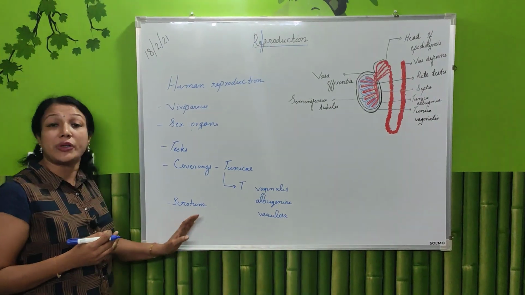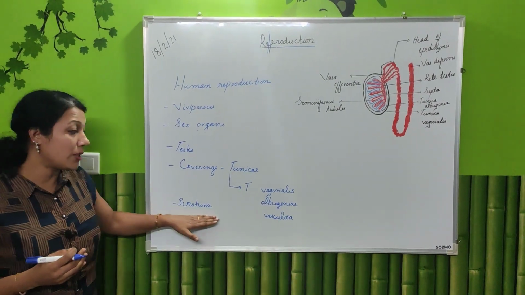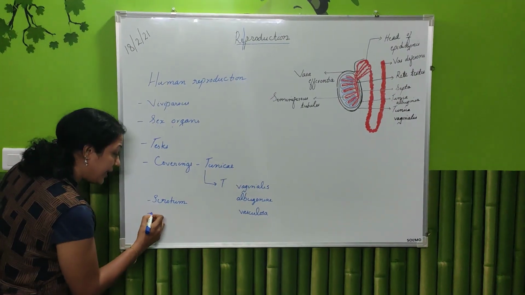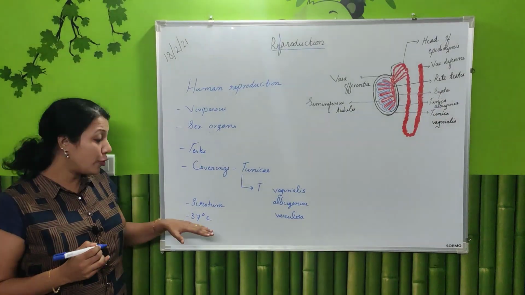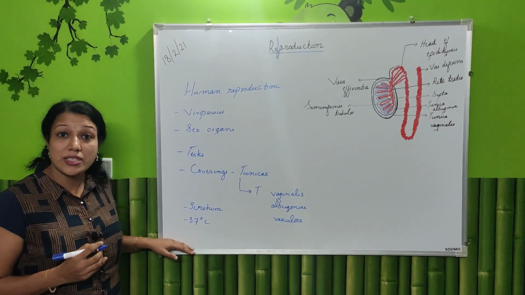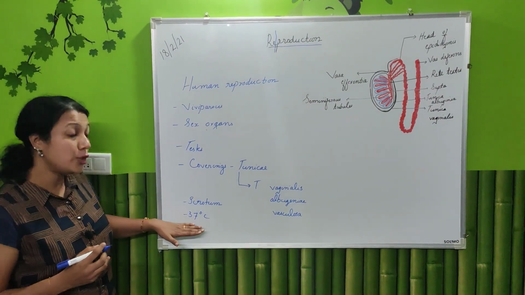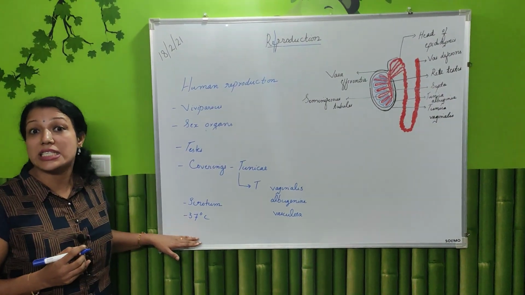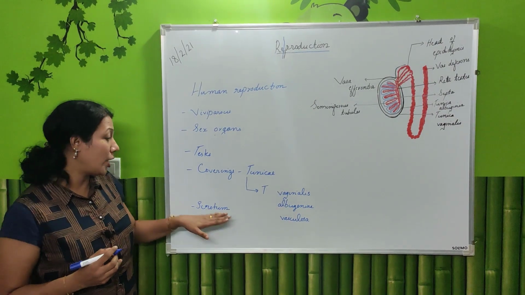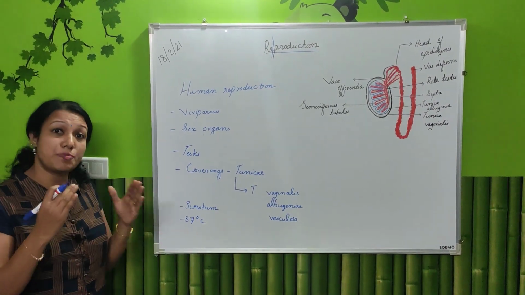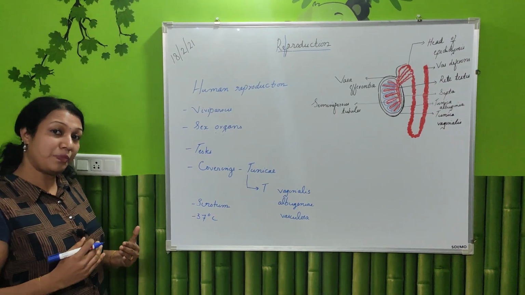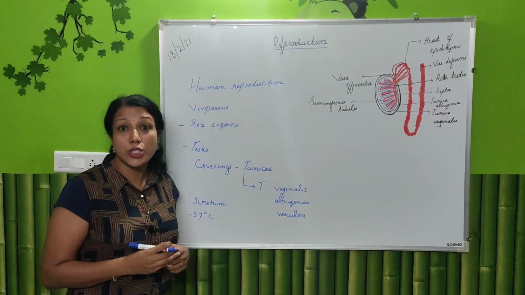Now scrotum protects testis. Why is scrotum required? You know about our body temperature, right? 37 degrees Celsius, right? For the production of gametes, testis requires a temperature which is 2 to 2.5 degrees Celsius less than the body temperature. Now the scrotum will give that particular temperature. That's why testis is present outside, inside scrotum.